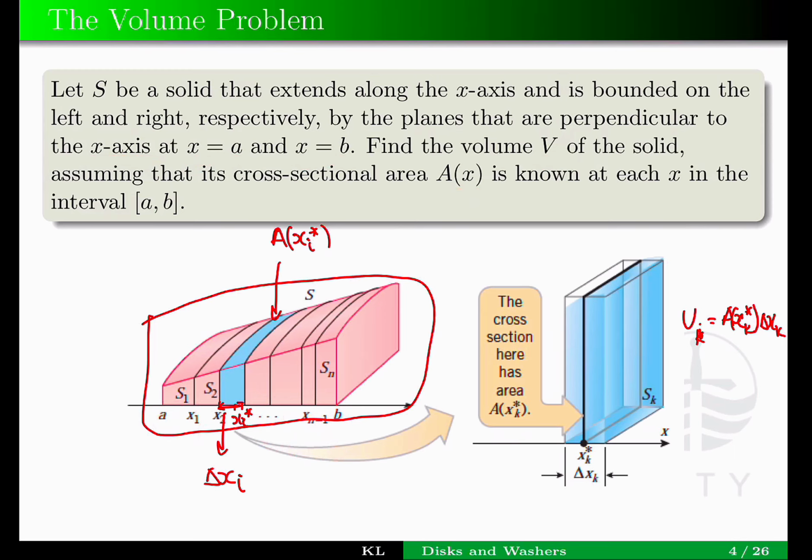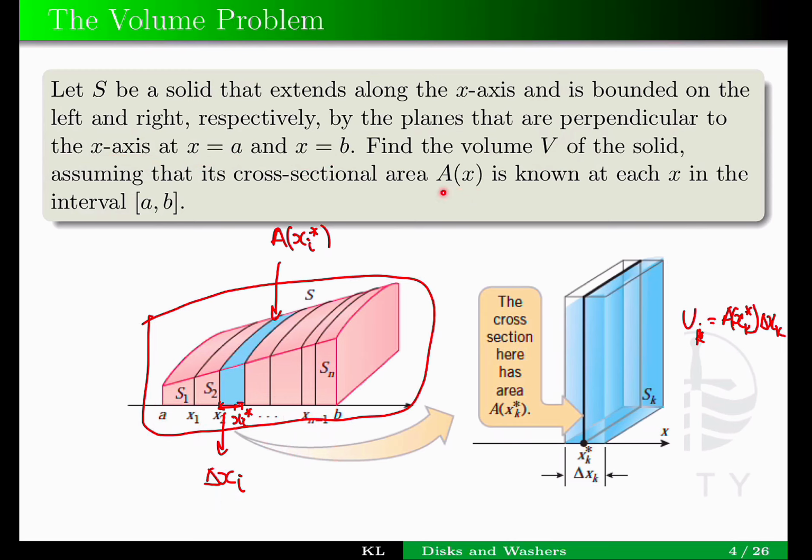So, in order to do this, we use the method of definite integrals. We divide the interval [a, b] into n subintervals, not necessarily of equal length, but if it's of equal length, then it's completely fine. The length of the subinterval, we can label it as delta x sub k or delta x sub i.